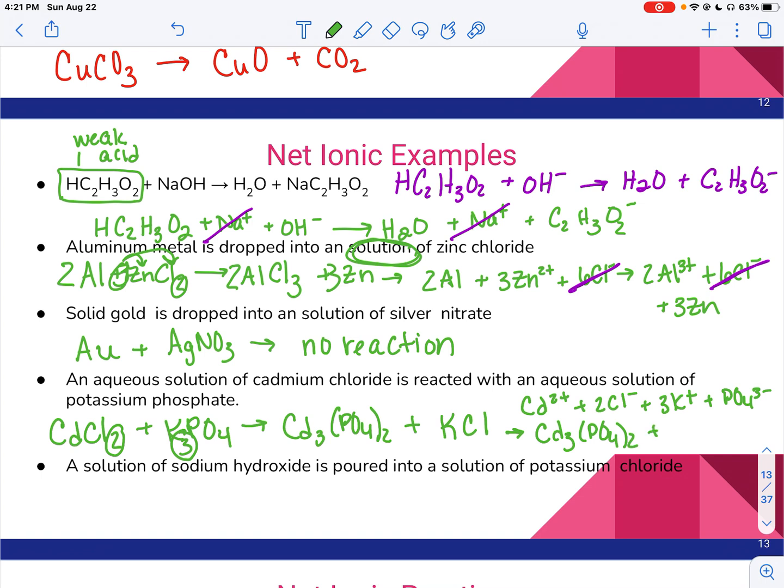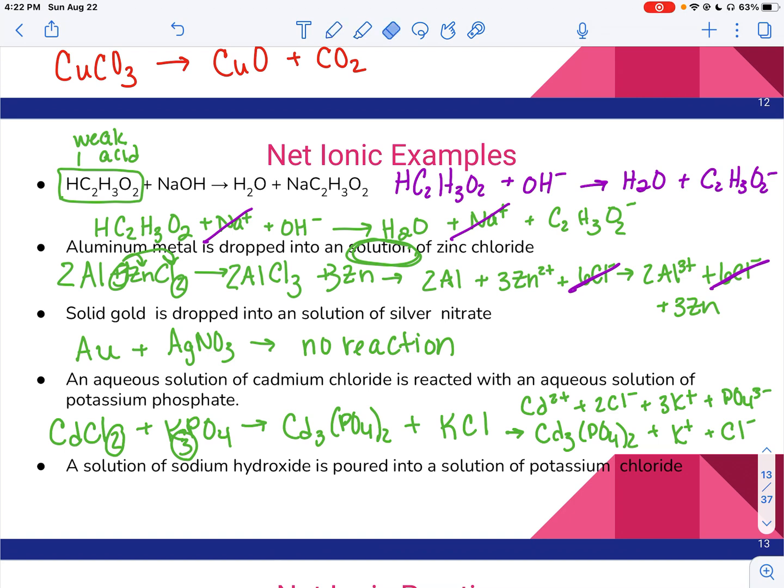And then we know that K+ Cl- does break apart. So if you don't want to balance at the beginning, you would balance now. You would balance before you start crossing out spectator ions, because if you don't, it's going to get really messy. So if you want to wait, you would balance it right now.